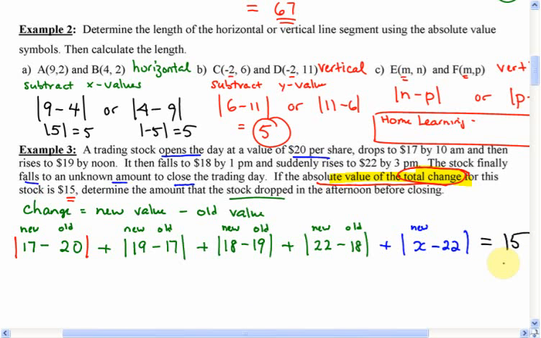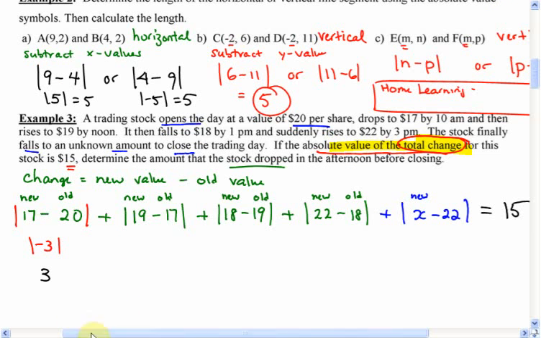Change, change, change, change, change. Add them all up is total change. All right, go ahead and calculate these things for me, please. Can you simplify the first few expressions? Let's not worry about this yet, but at least do the first few in green. 17 take away 20 is how much? So that's -3, but the absolute value of -3 is 3. 19 take away 17 is 2.